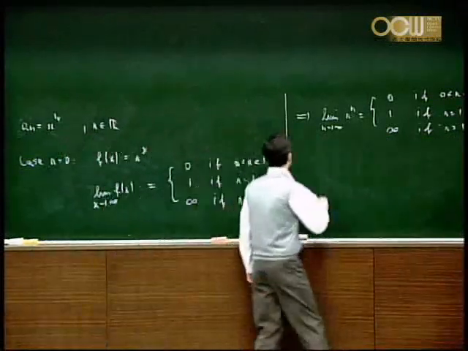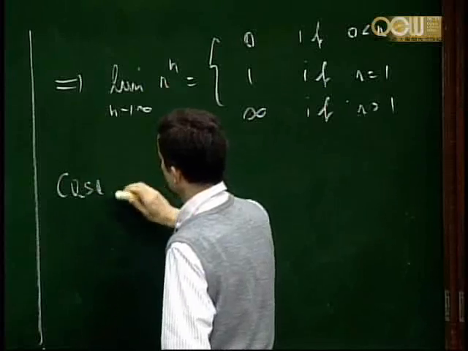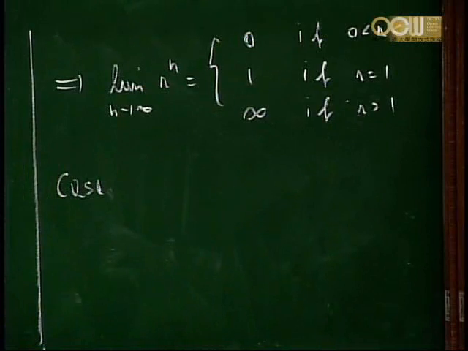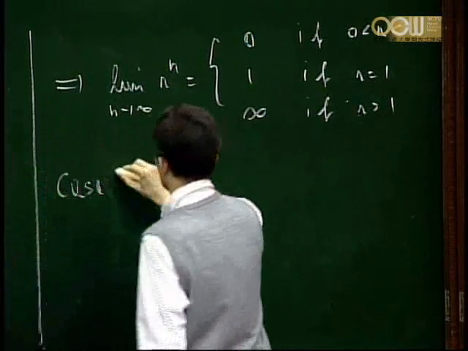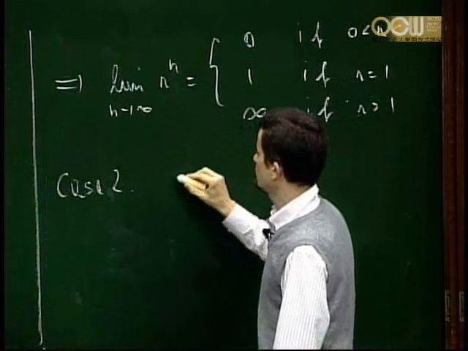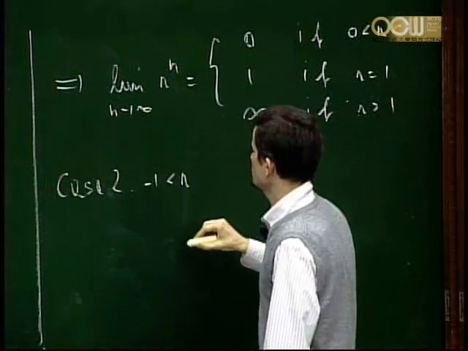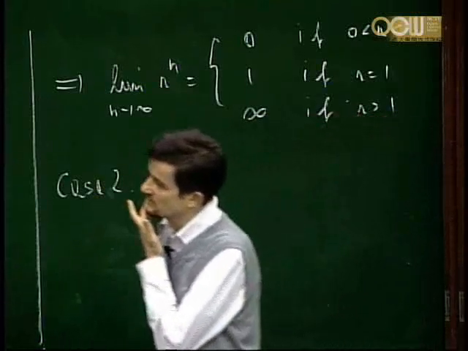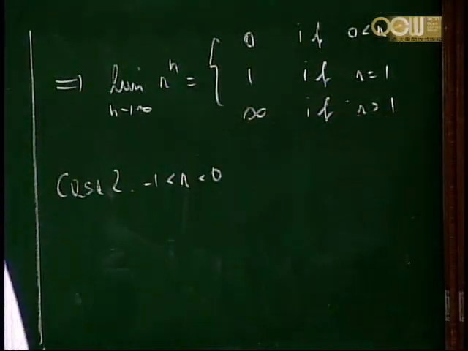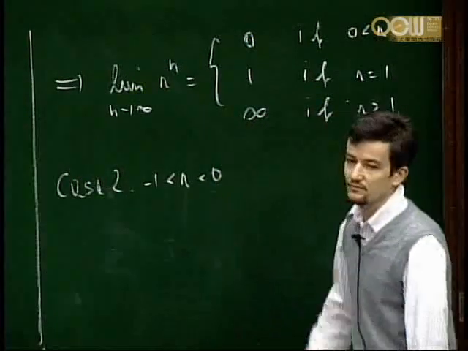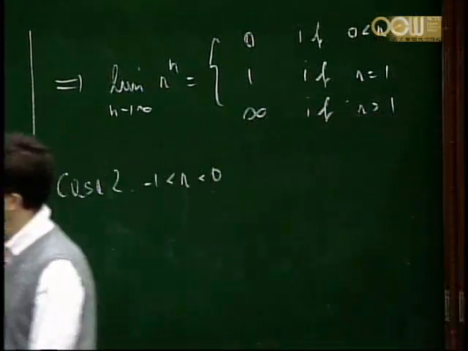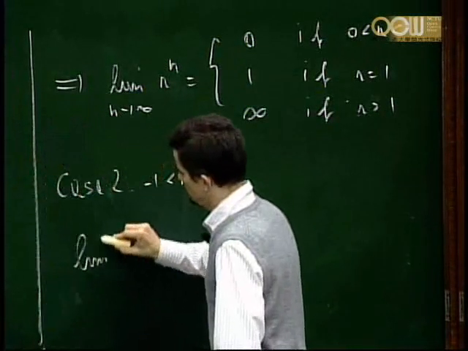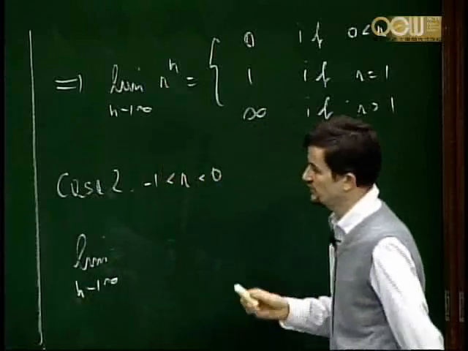Now the second case. I should write here case 1. Now the second case would be the case where r is larger than minus 1 but smaller than 0. 0 again is trivial, because here of course you have convergence. For this case, we will look at the absolute value of this sequence.